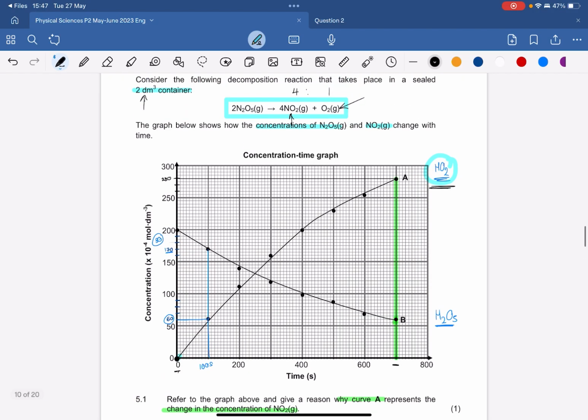So we chose to use the NO2 and found the average rate of NO2, and then used the stoichiometric ratio to find the average rate of O2. And you're allowed to do that. So that's a neat trick that you can always have at the back of your mind.